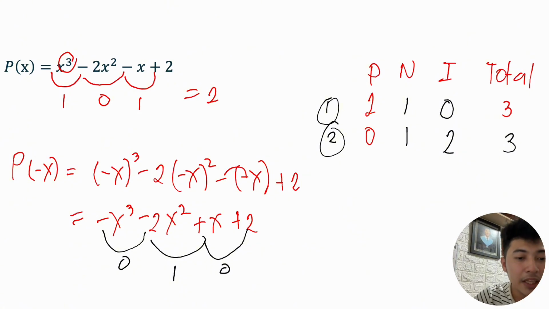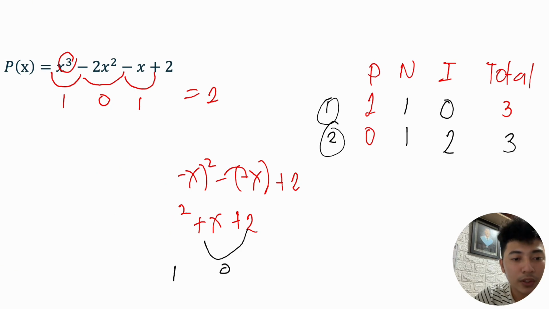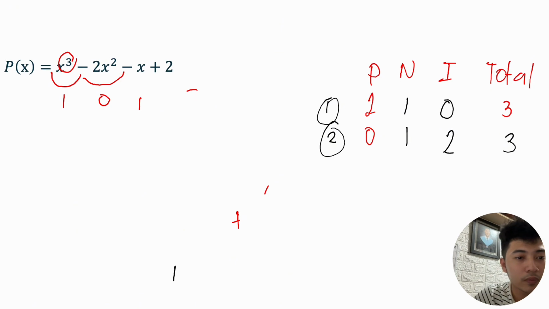So, let us try to solve this. Which among these possibilities will result in our roots? So, first, let us determine, applying the rational root theorem, the p, q, and p over q.